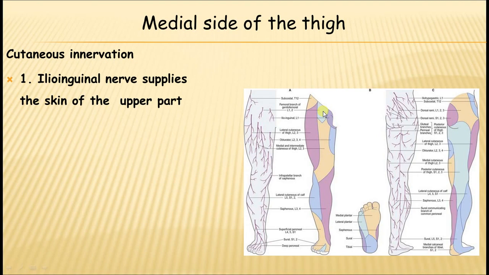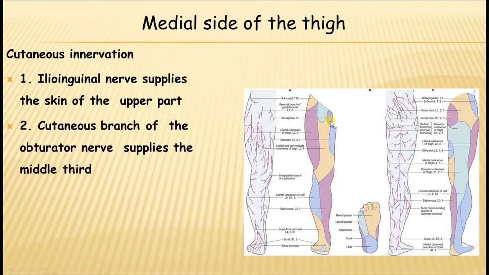The ilioinguinal nerve supplies the upper medial side of the skin of the thigh. It is again a branch from the lumbar plexus having a root value of L1. Then a little bit medial, it is by the cutaneous part of the obturator nerve.